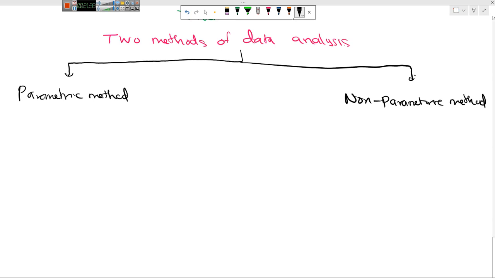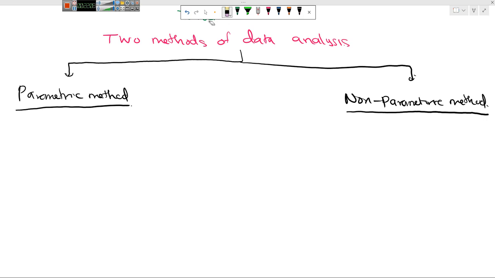We haven't studied any course called parametric methods in data analysis. For this semester we have non-parametric methods. Whatever methods we studied in our previous semesters are called parametric methods. The key difference is that in parametric methods we assume that the distribution of the data is normally distributed.